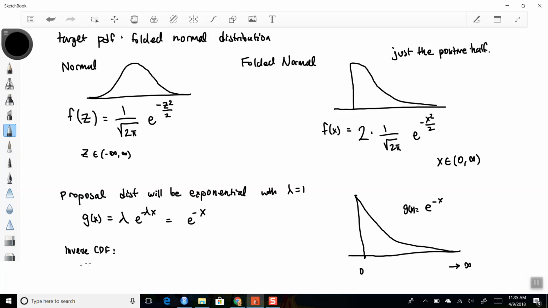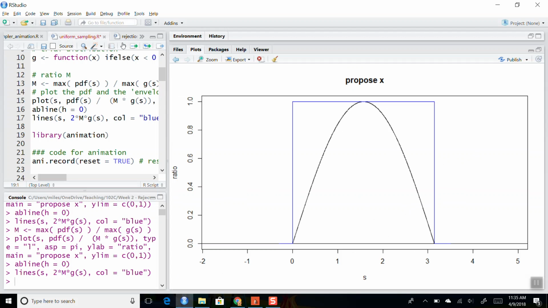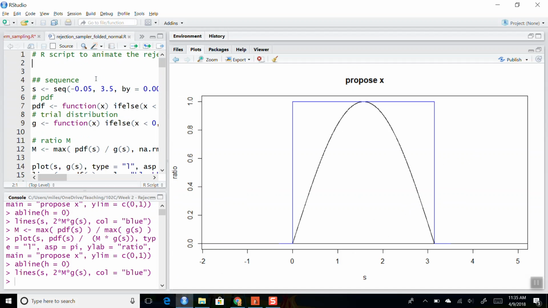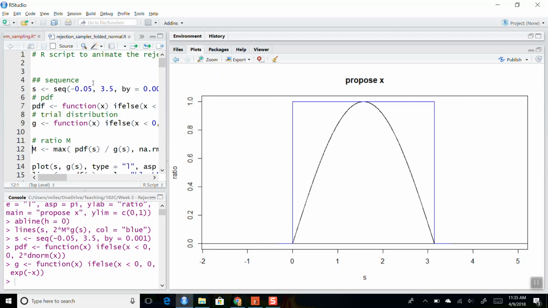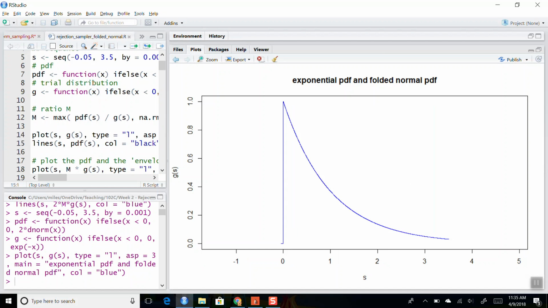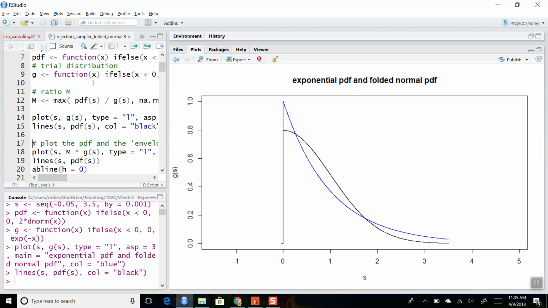We sample u, and then x will be equal to negative log of u, right? That's the inverse CDF. So this is very easy for us to do, to get random values from the exponential distribution. Okay, so let me just draw this. So here is the exponential distribution.